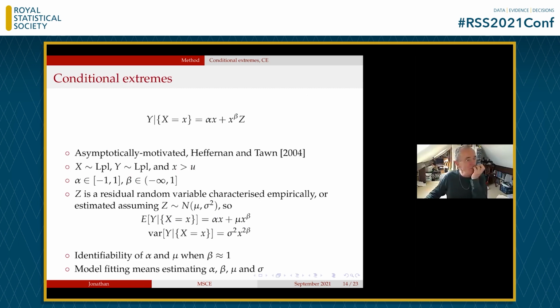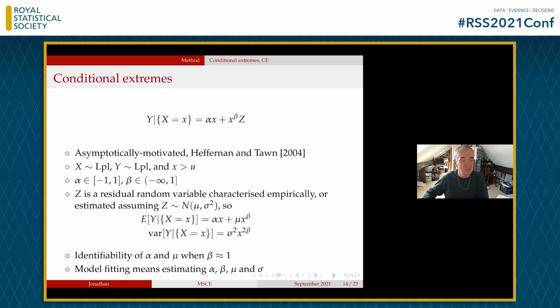So, a little bit on the conditional extremes model. This is what Heffernan and Tawn found: for a large class of bivariate distributions, you can write the conditional distribution of a variable y given a large value of another variable x in this form, where z is some unknown residual, which is estimated or characterized empirically.